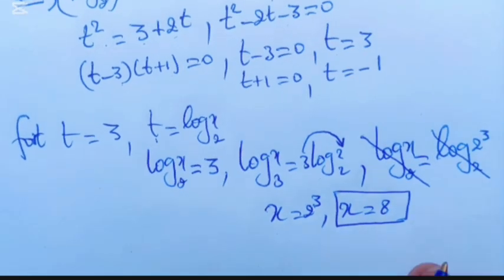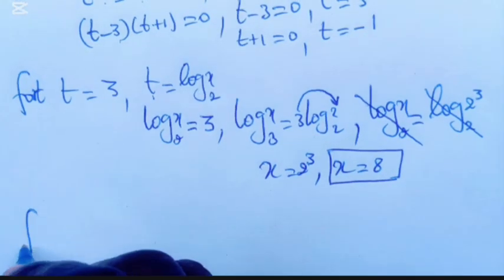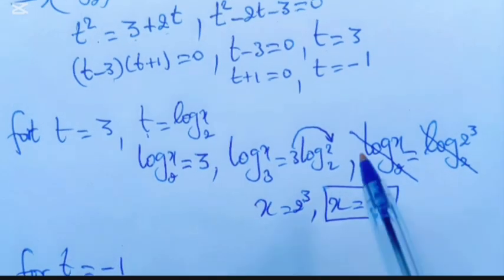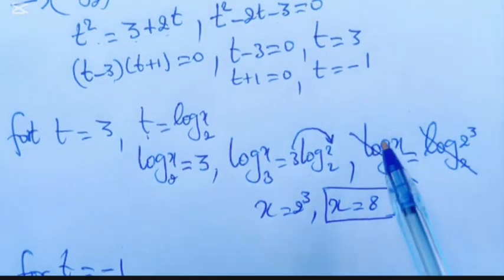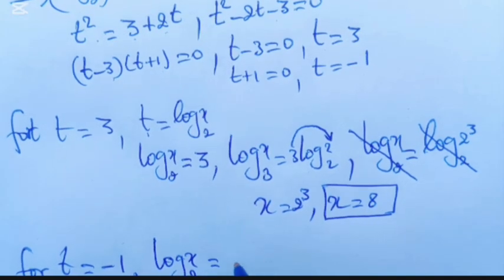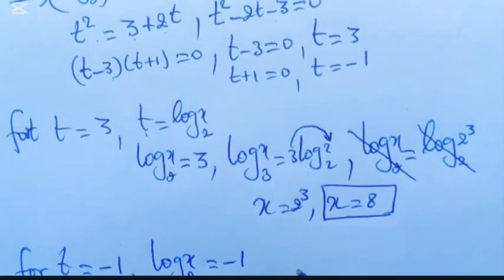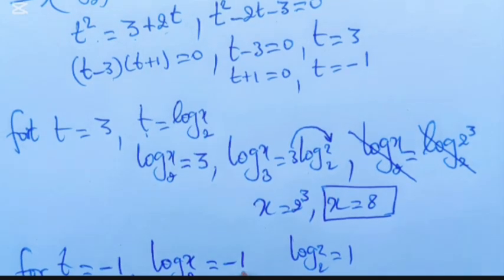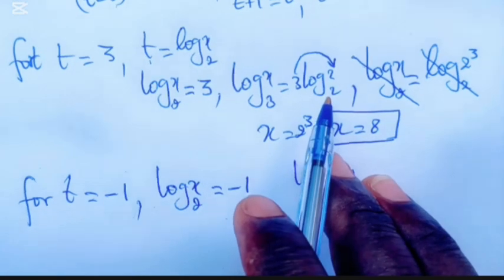Remember, we have two t values. For t which is minus 1, because another value of t here is minus 1, log x base 2 will be equal to minus 1. Remember that log 2 base 2 is 1. We need to replace 1 here by log 2 base 2 because we are working under base 2.